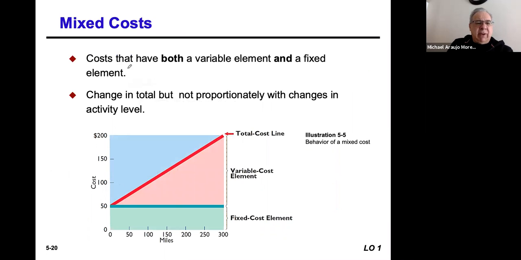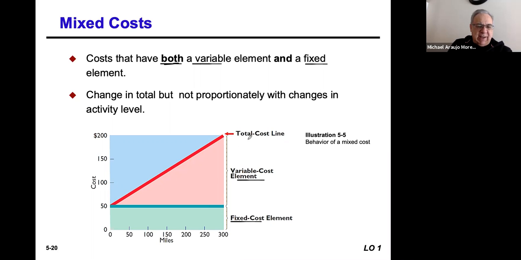So what about costs that have somewhat of a mix? They have both a variable element and a fixed element to them. They are not proportional. So how do you deal with that? Well, here's a graphic of what a mixed cost would be. It's partial fixed cost and partial variable cost.